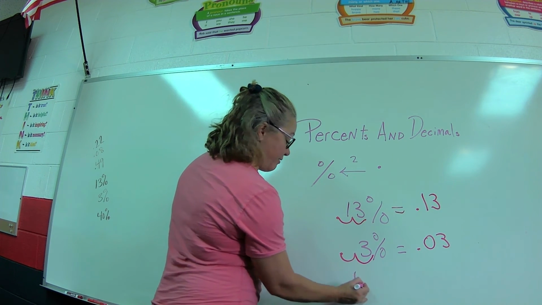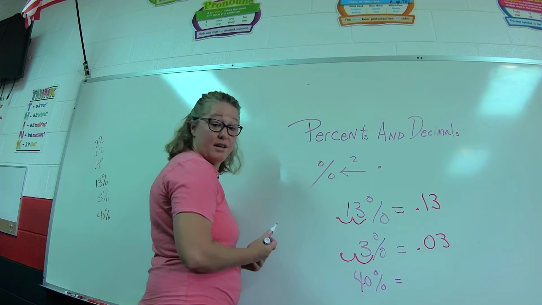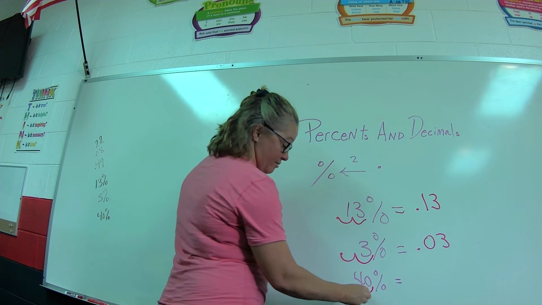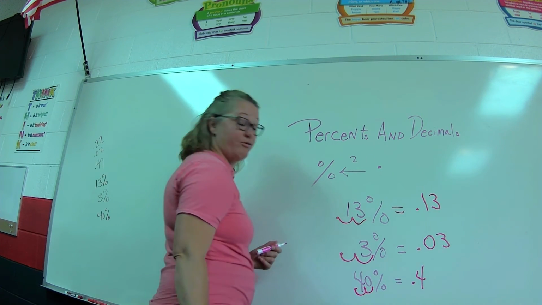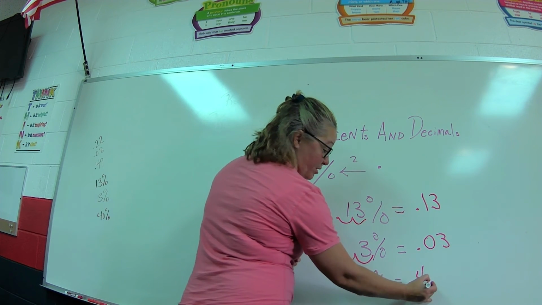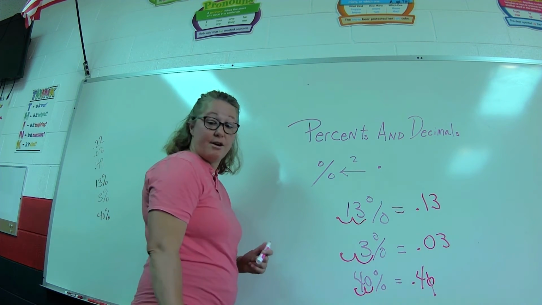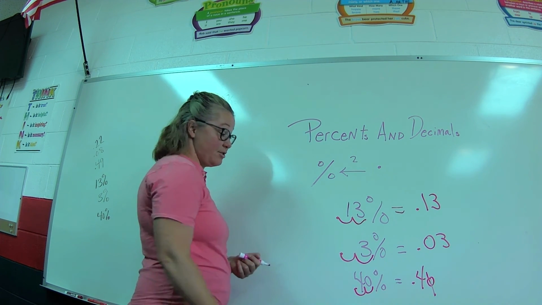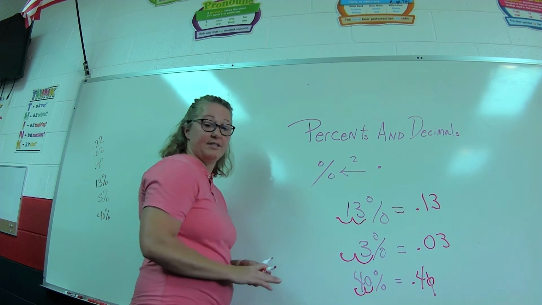And if you have 40%, and you start here, 1, 2, you'd have 0.4. You could put 0.40, but that 0 can be marked out because it doesn't change the value. But if you leave it 0.40, that's fine. If you leave it 0.4, that's fantastic.